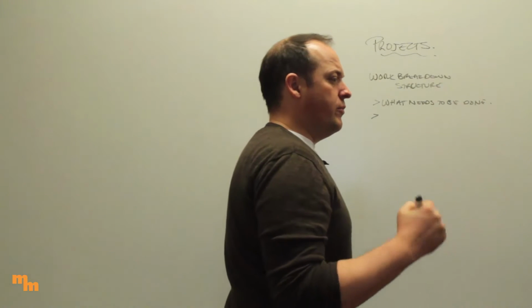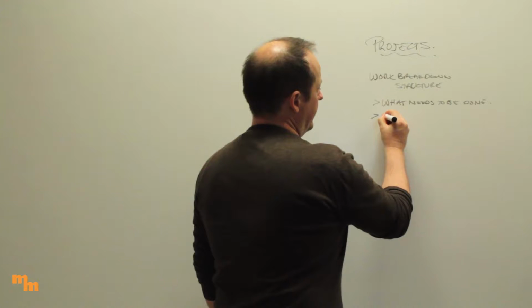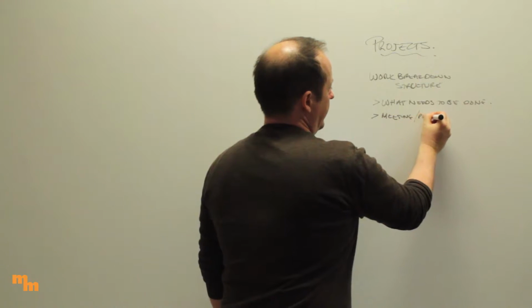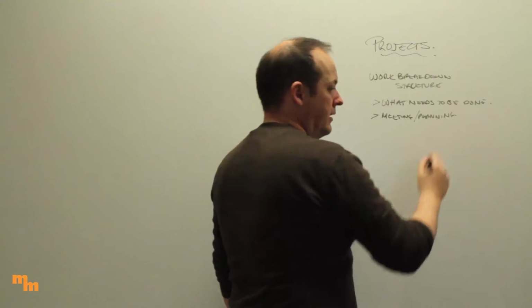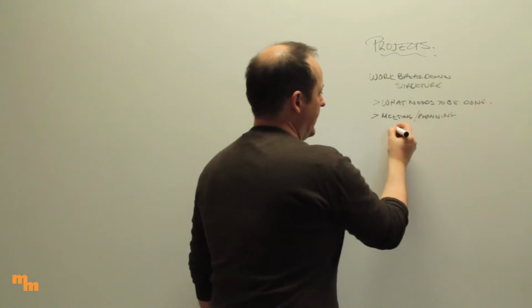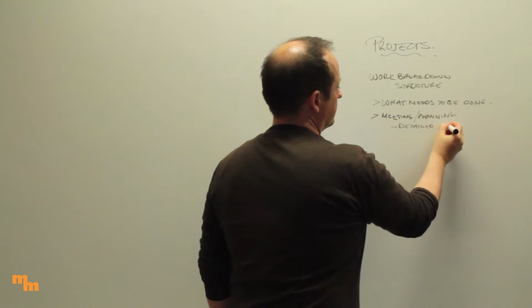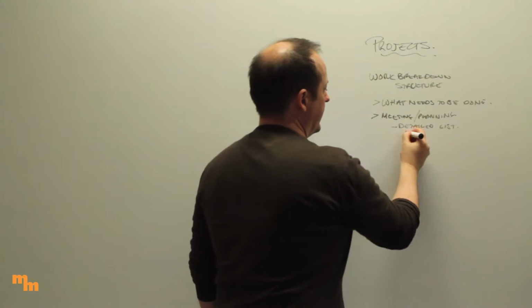Now, to make sure that we've got that, we need to do some planning. And the planning means that what we really need to do is get our team together and have our meeting, planning with the team. What we're trying to do is make sure that we end up with a very detailed list of tasks.